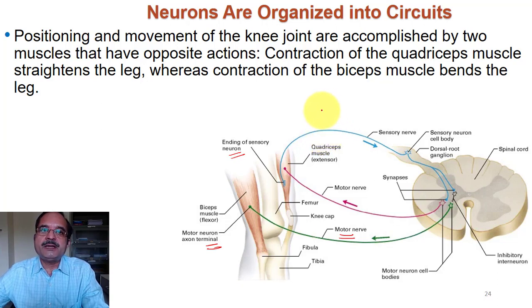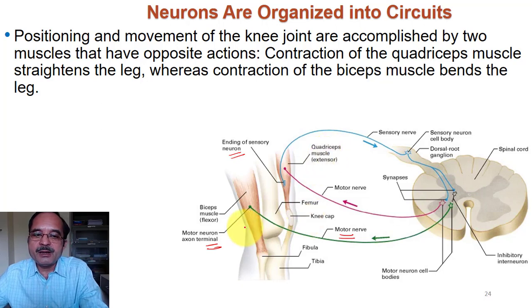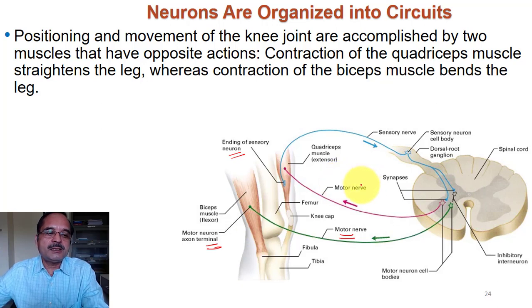As can be seen in the example in this slide, it is a knee jerk reflex in humans, which involves a complex reflex arc in which one muscle is stimulated to contract, while another muscle is inhibited from contracting.